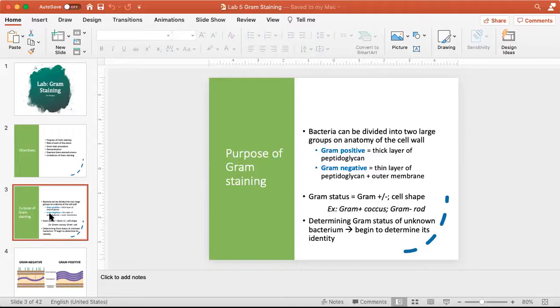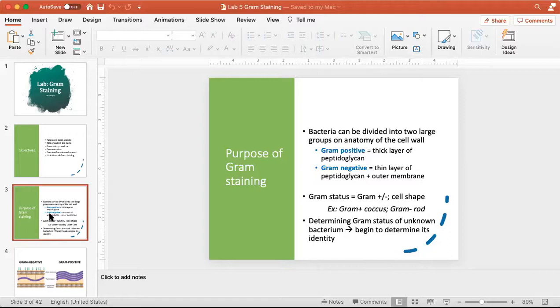In other words, if there's a thick layer of peptidoglycan in the cell wall, we can stain it one color. And if there's a thin layer in the cell wall, we can stain it a different color using this gram staining procedure. And again, when we finish gram staining, we can determine whether or not this particular type of bacteria is gram positive or gram negative.